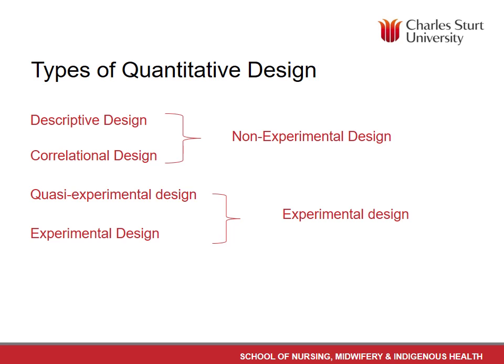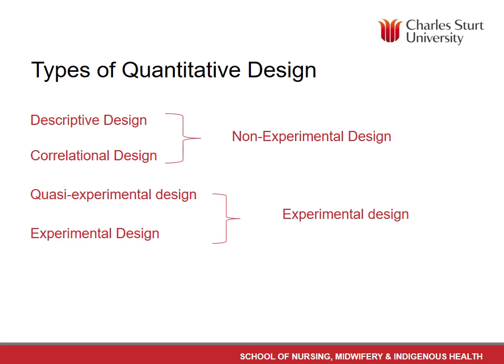The treatment or the manipulation is the new therapy, so it might be a new antihypertensive drug. What you're looking to do is get groups with as many similar properties as possible, so the average blood pressure is the same in both groups. Then you're looking to have randomization of subjects.